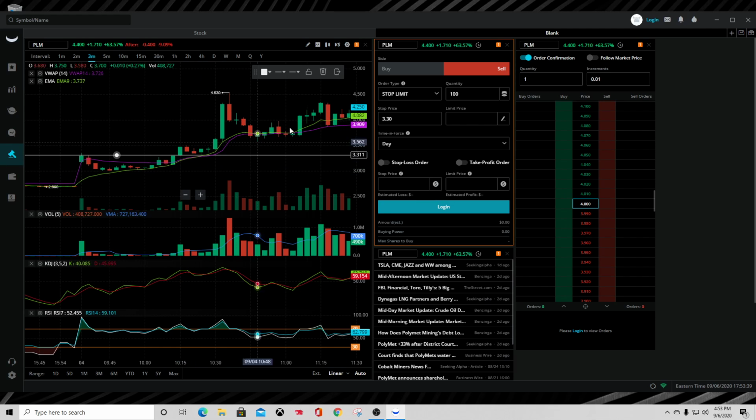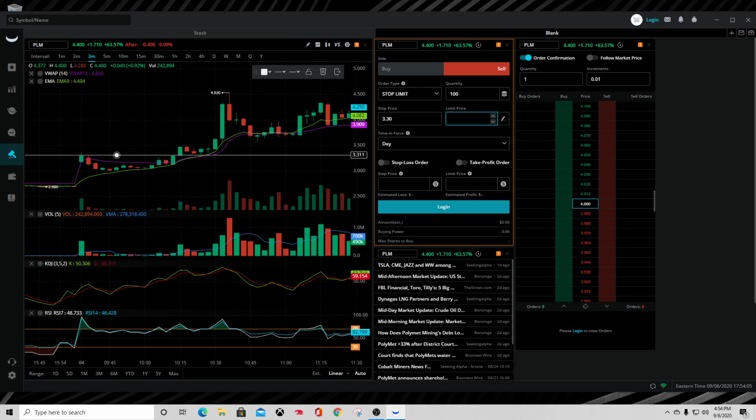Same scenario, we're in at 345, stop price is at 330. But now we have to enter a limit price. This price is what you are telling your broker: if the stop price hits right here, I want to sell my position for this limit price. And it has to be lower than your stop price.